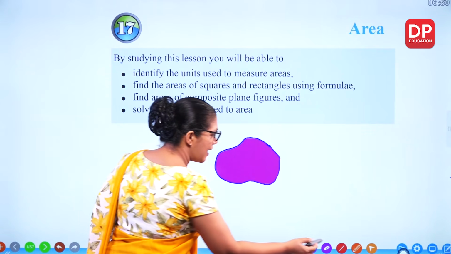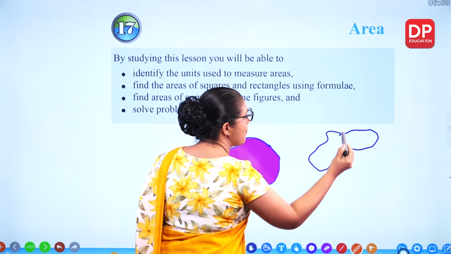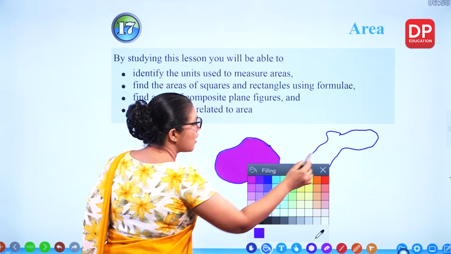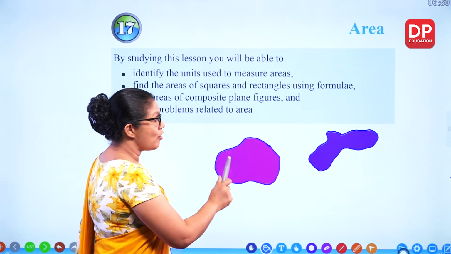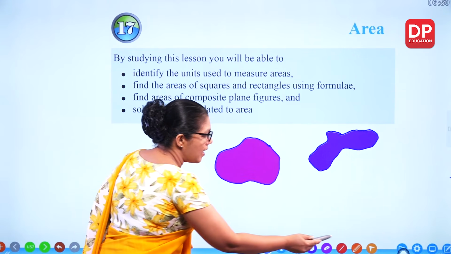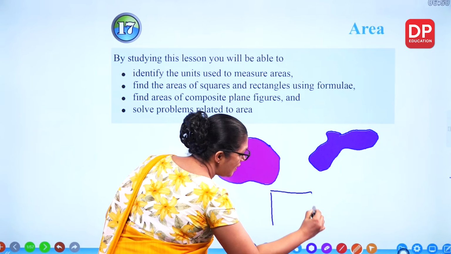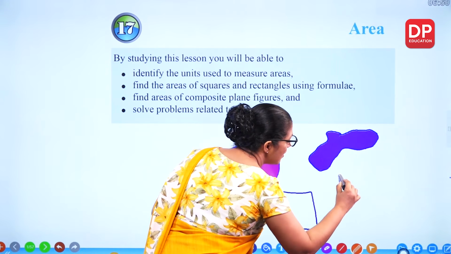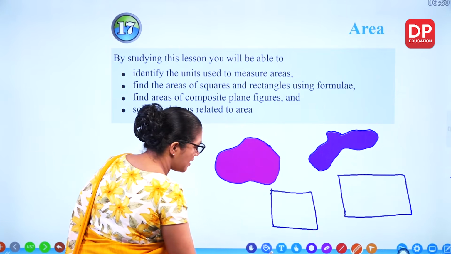You can get any shape, but it should be a closed figure. We are not talking about indefinite shapes. We talk about definite shapes like squares and rectangles in this lesson.